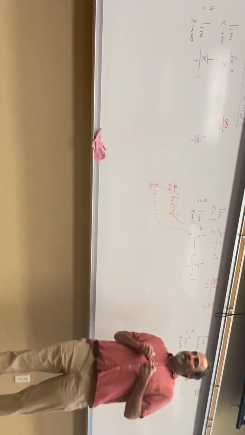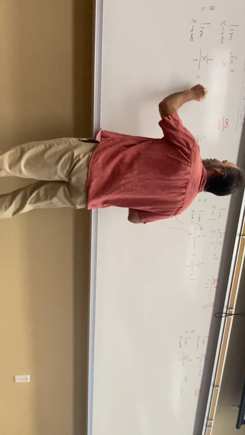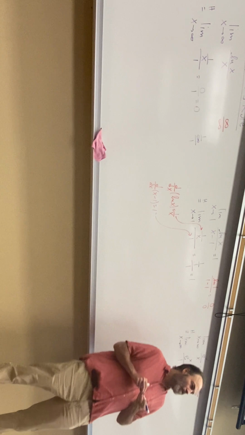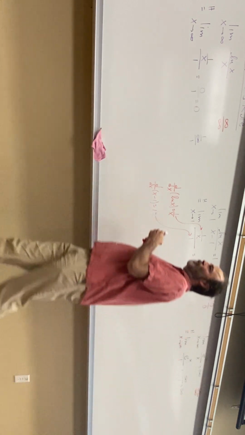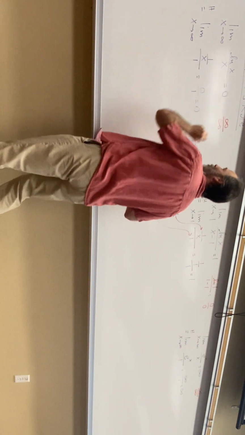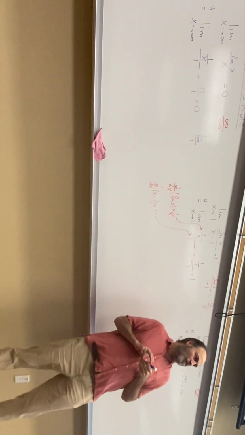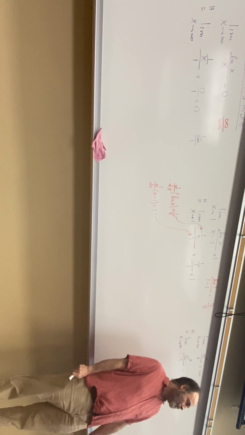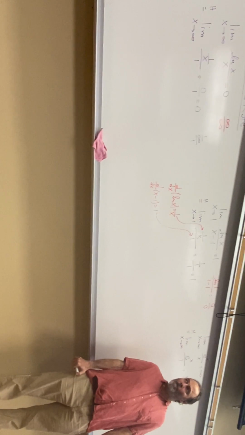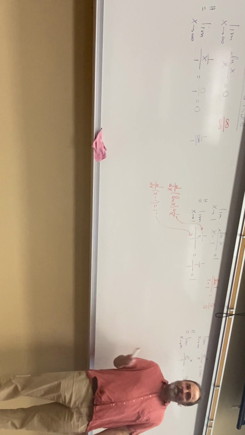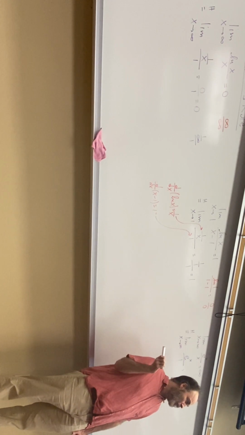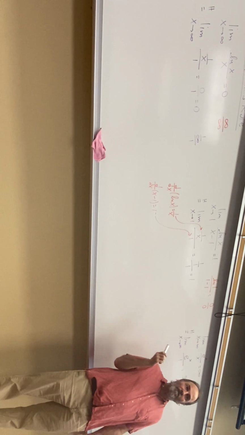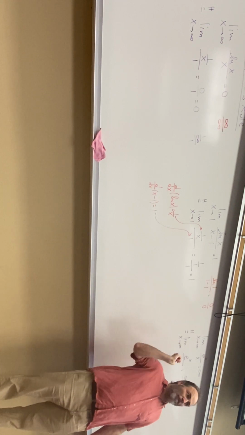Zero. So that's 0, and 0 over 1 is just 0. So that tells us our original limit was also 0. Okay? Any questions there? Any questions about L'Hopital's rule so far?